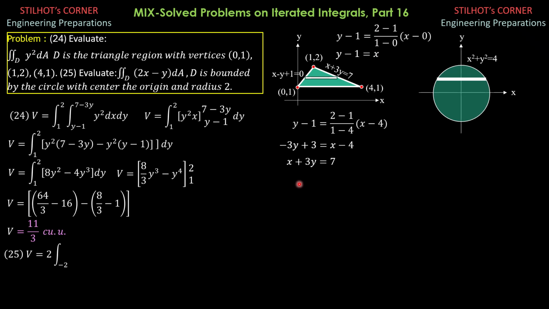So volume equals integral of 2 times, again 2 times because we consider the lower half, considering that strip. Then outer limits from negative 2 to positive 2. Then inner limits is the x of this circle, which is negative square root of 4 minus y squared, to the x of that right part, which is positive square root of 4 minus y squared.